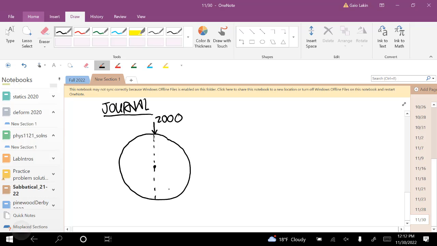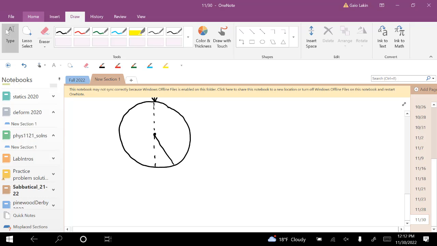And then, that angle is exaggerated, but we have an upward force of 2,000 that's made up of a friction component and a normal component.